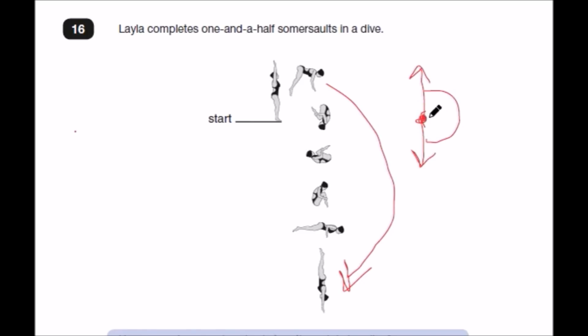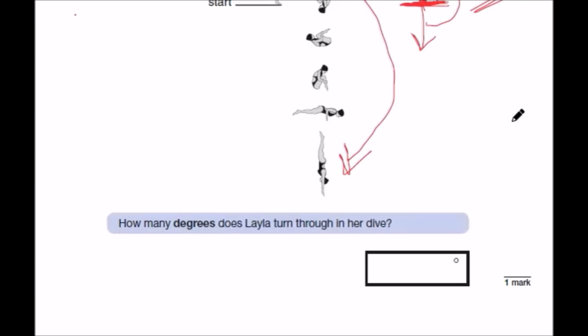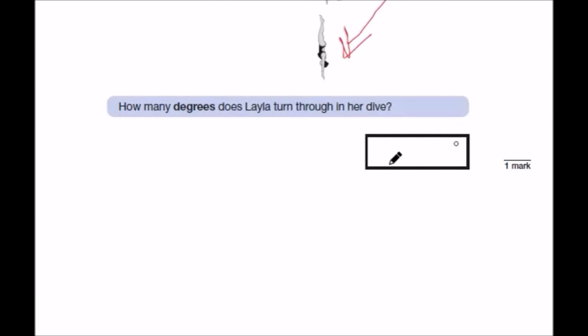So in fact, she's done a 180 degree turn. A whole direction from north to south is 180. If you did a full circle, it would be 360. If you did a quarter of the journey, i.e. a right angle, it would be 90. So because she's done half a circle, it's going to be 180.